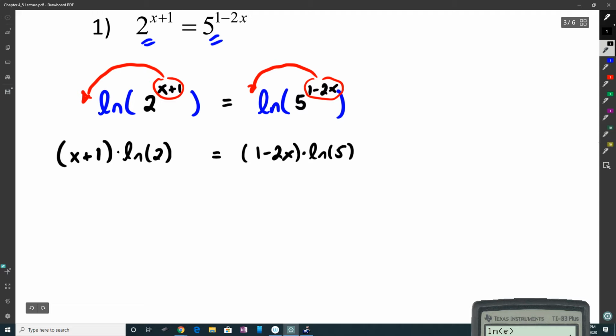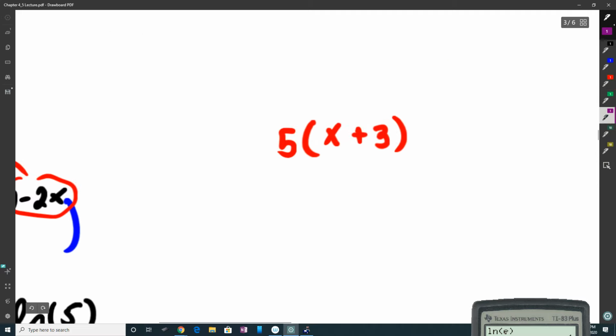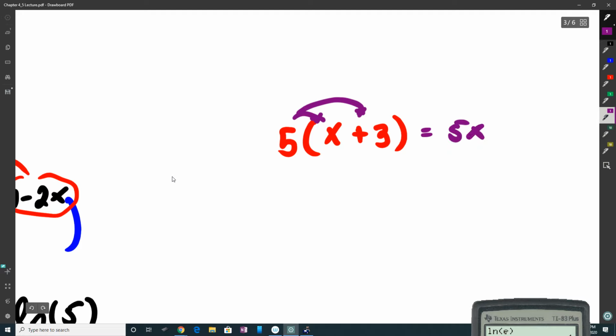Now this looks very foreign to people when they see this, and they kind of freak out. But if you were dealing with this, a completely different problem, just totally off the wall, what would you do? 5 parentheses x plus 3? Well, you would just distribute. And you would get 5x plus 15.